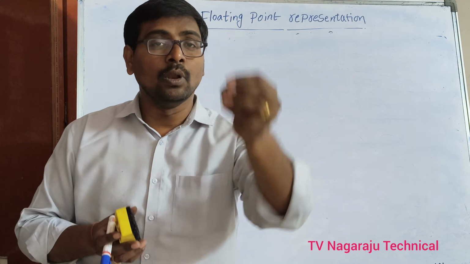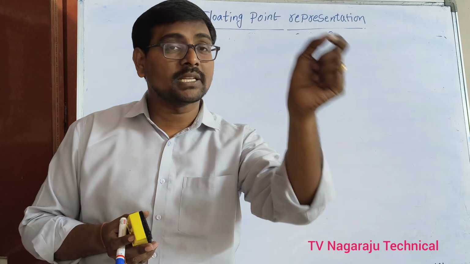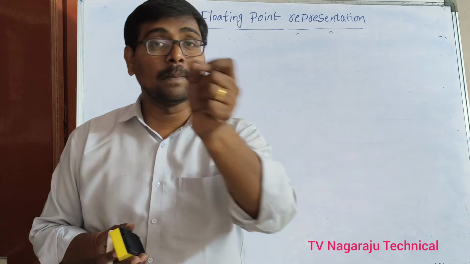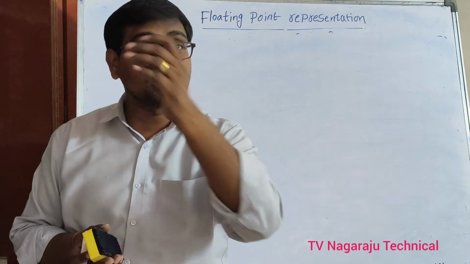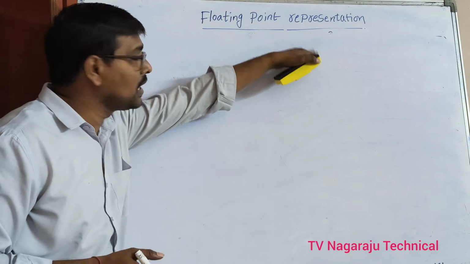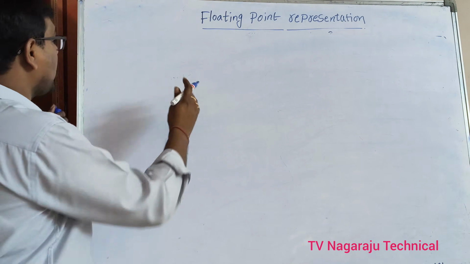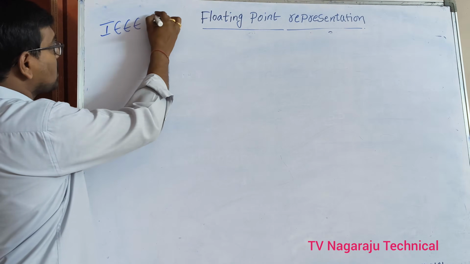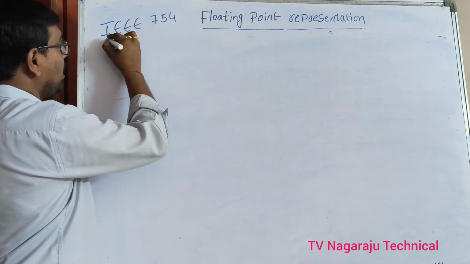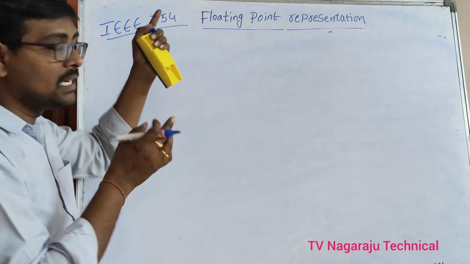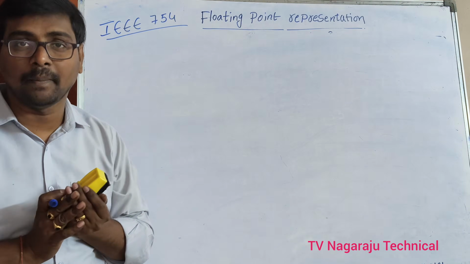For example, in the system, capital A is represented by 65 and small a is represented by 97 in ASCII characters. Similarly, for representing floating point numbers, some standards were developed by IEEE 754. Right now, we are representing our numbers using the IEEE 754 format.